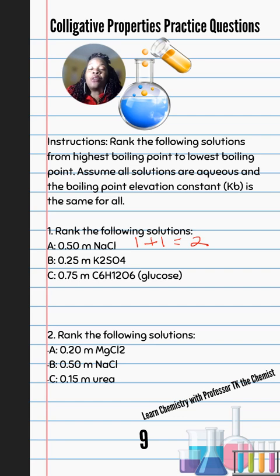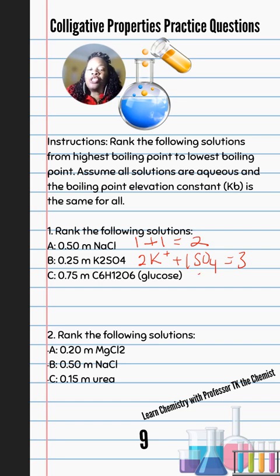For K2SO4, I have 2 potassium ions. That subscript tells me 2 with a K+, and then we have 1 ion of SO4. So 2 plus 1 gives us 3. And then glucose, well, that does not ionize or dissociate, so therefore this is equal to 1.